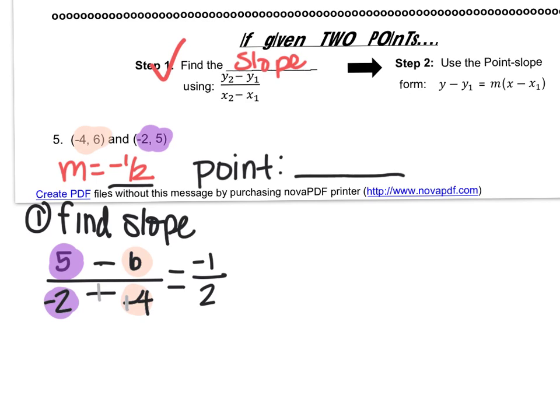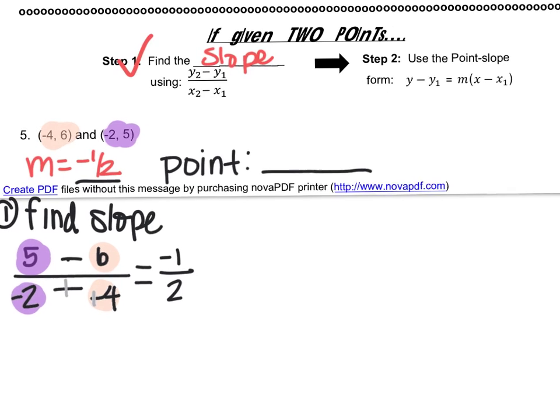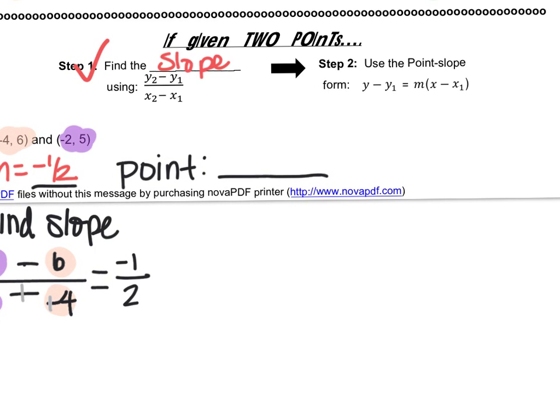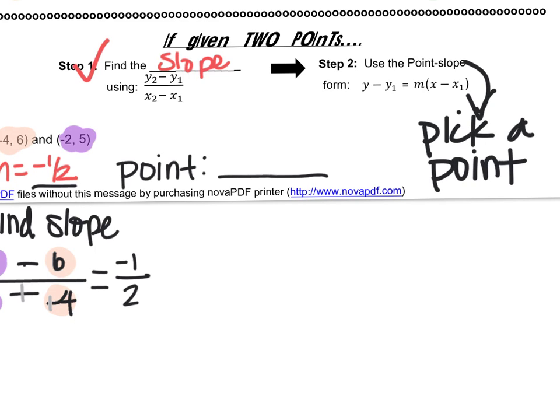We found our slope. So now we need to use point slope form, but in order to do that, I need a point. Well, I didn't get 1 point. I actually have 2 points here, so I just need to pick one. So you've got to remember at this point that you will need to pick a point. And the good thing is it does not matter which point you choose.